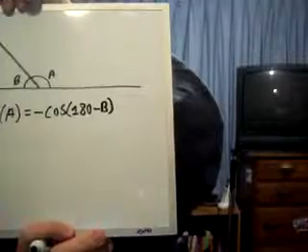That's what you're supposed to see. And from there, what you'll end up doing is you'll get the cosine of negative 60 equaling the cosine of 60.